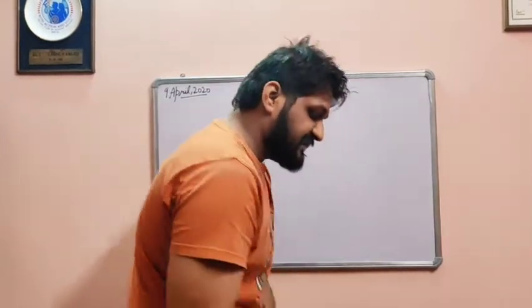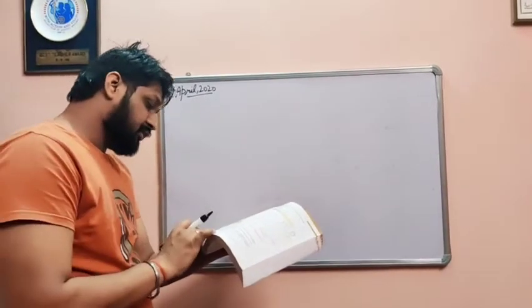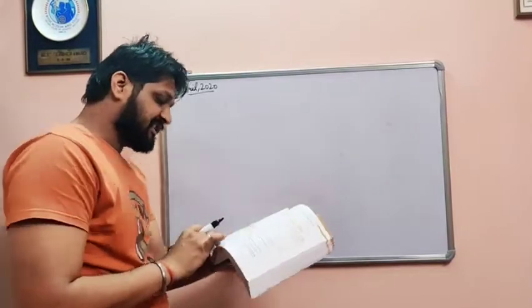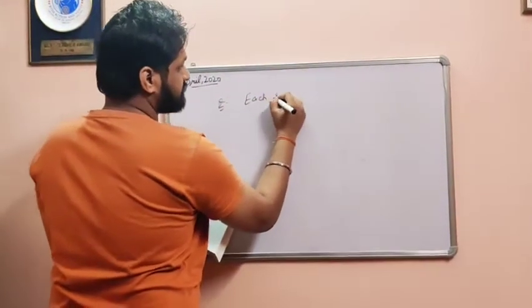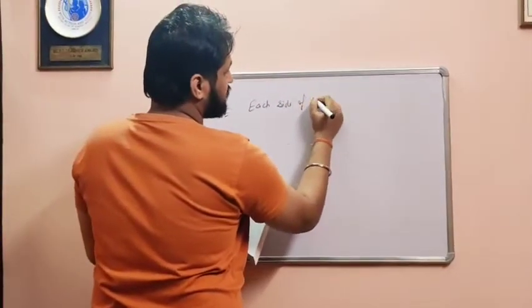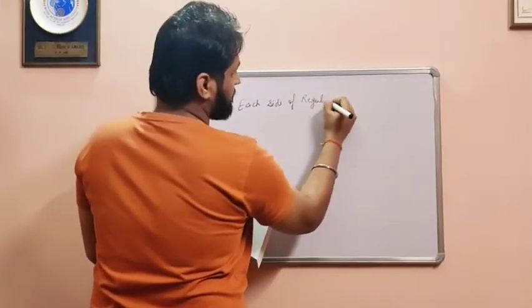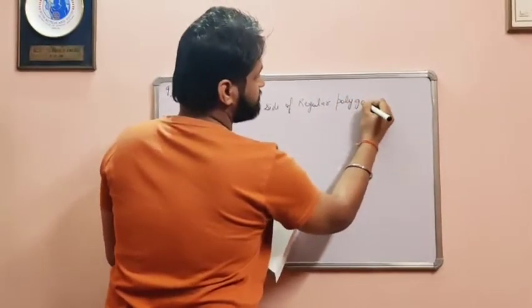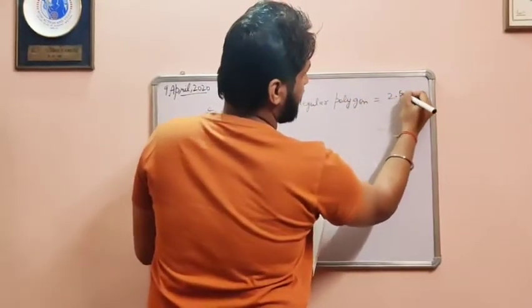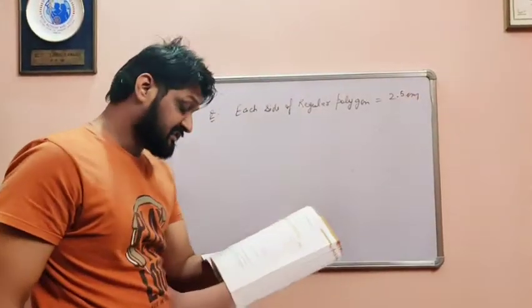The question is, each side of a regular polygon is 2.5 centimeter in length. Each side of regular polygon is given 2.5 centimeter.